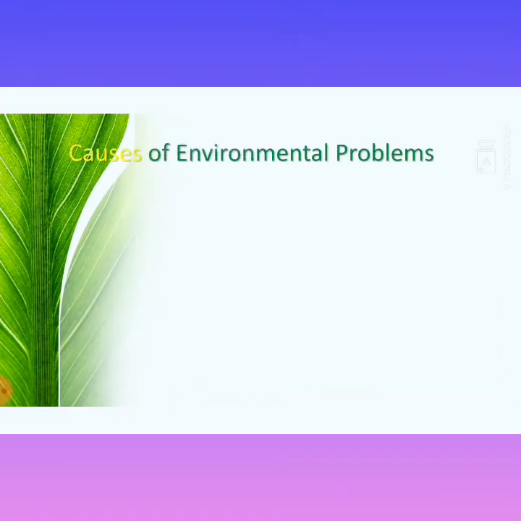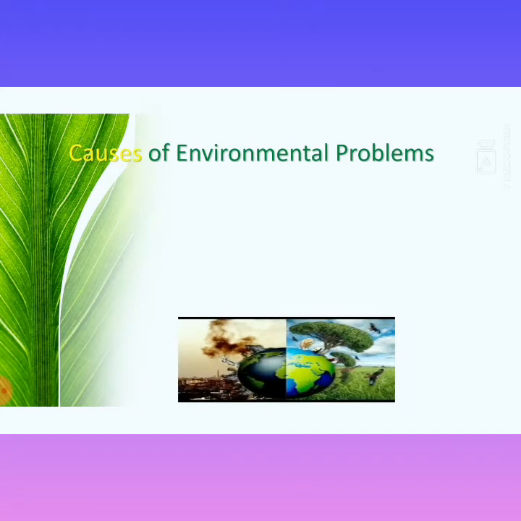Okay, causes of environmental problems. Students, you see a picture in the slide. This picture has two parts. One part indicates a pollution-free world and the other part indicates a polluted world.